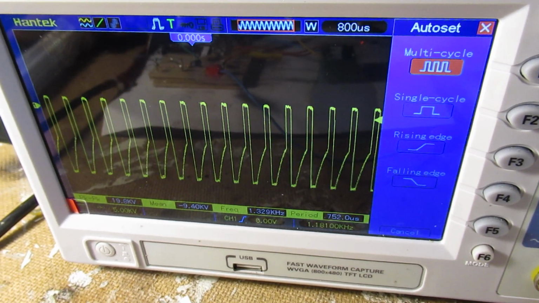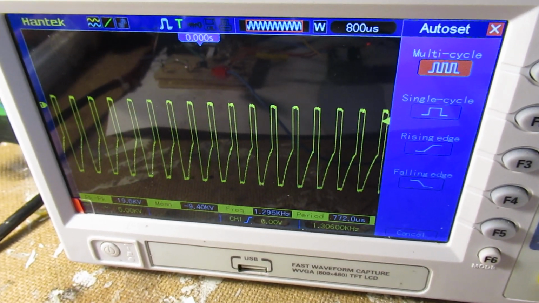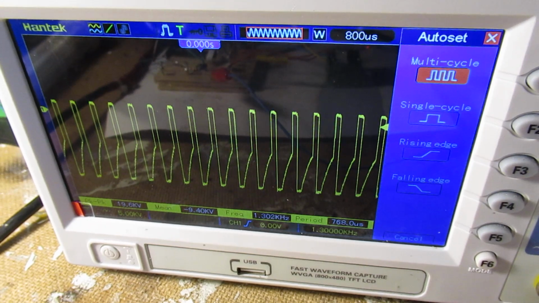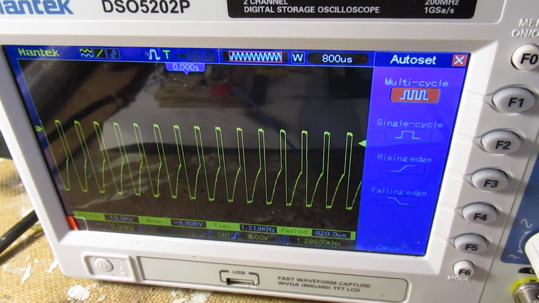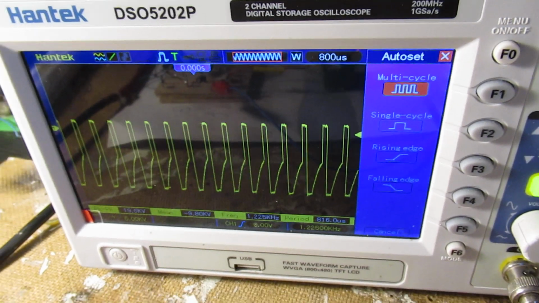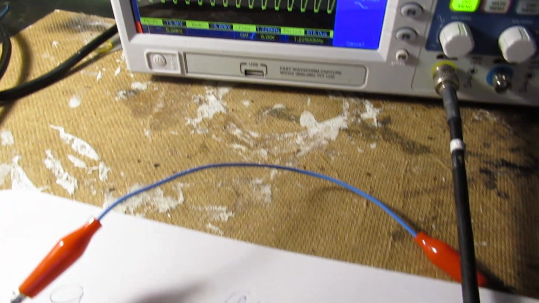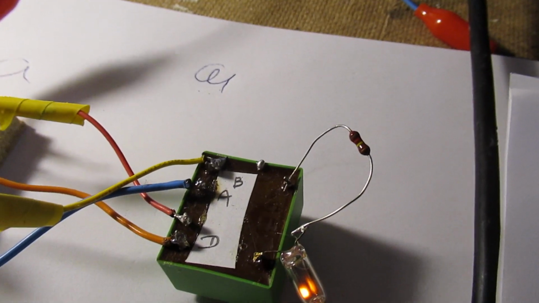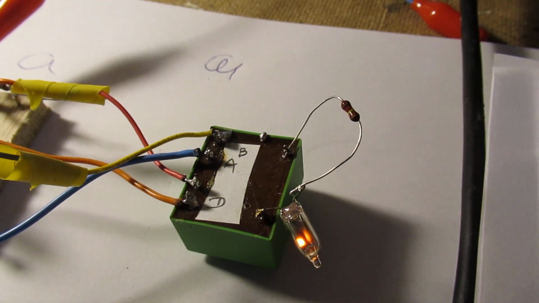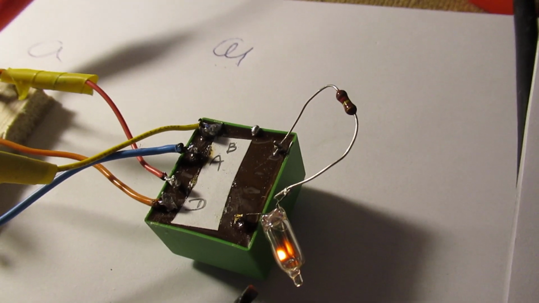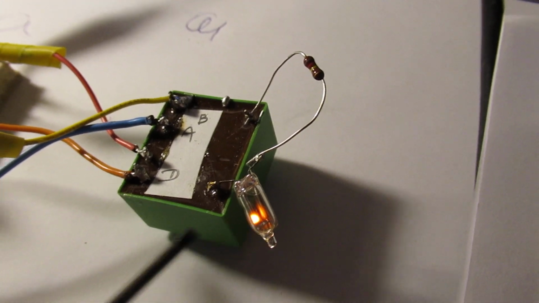It has everything to do with the frequency, and the ideal frequency to make this 50 Hertz 230 volt transformer work. You can surely see now that there's high voltage here.